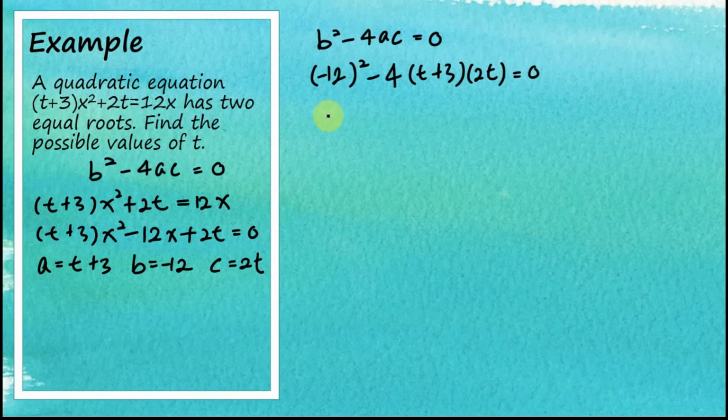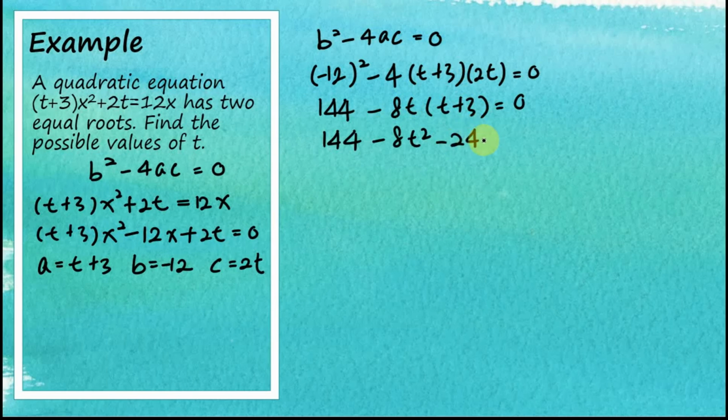The square of negative 12 is 144. Negative 4 multiplied by 2t, we have negative 8t. Okay, and then this multiplied by t plus 3 equal to 0. So 144, 8t multiplied by t, we have 8t squared, and negative 8t multiplied by 3, we have minus 24t.